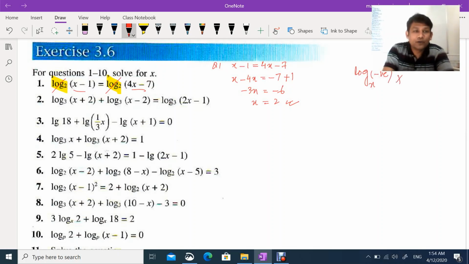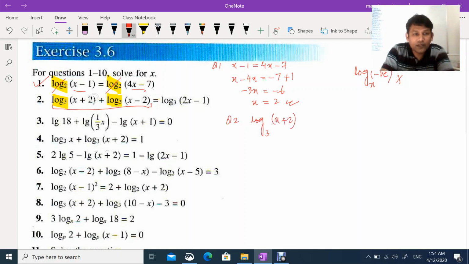Okay, in question 2, how many times is the log? Two times, here and here, and there is no coefficient here, so I can make a single logarithm. Log base 3 of x plus 2.